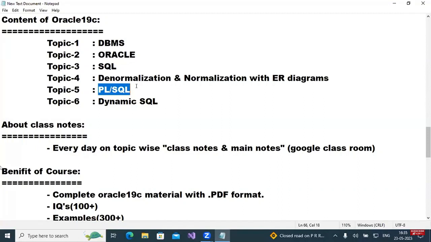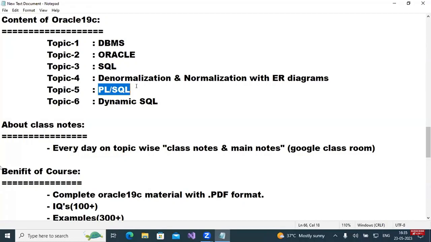In PL/SQL, what we are learning means almost every Java concept we are learning here. In your Java, you have collections. Yes. In PL/SQL also, we are learning collections. In Java, you have packages. Yes. The same packages we are learning in PL/SQL.